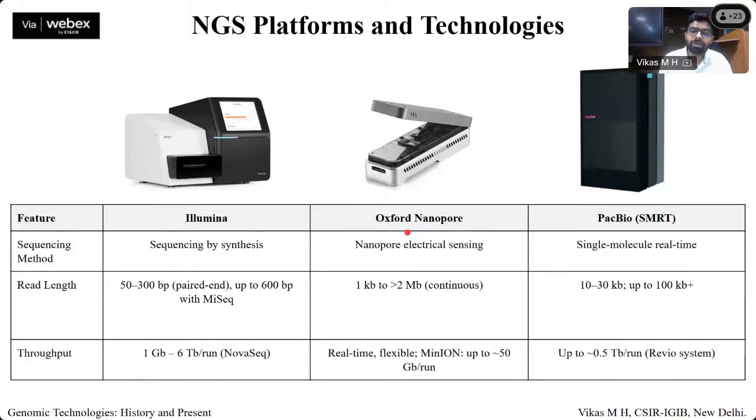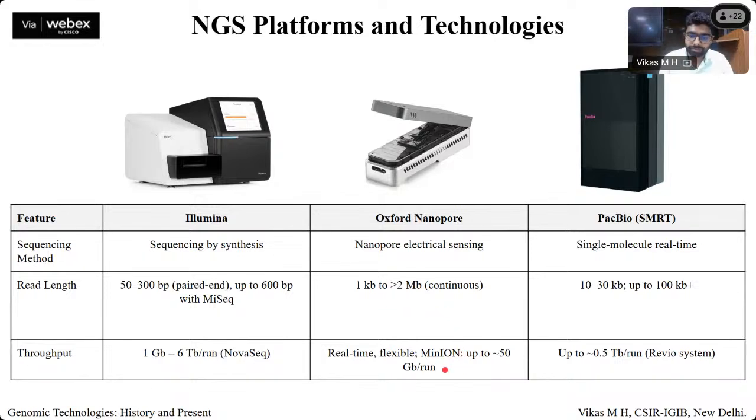And then comes the Oxford Nanopore. These two technologies are different from Illumina in the sense that they offer us the opportunity to sequence large segments of DNA. In case of Oxford Nanopore, it can go up to 2 MB. It all depends on how much quality DNA you are able to isolate, and based on that, you can sequence higher lengths of DNA.